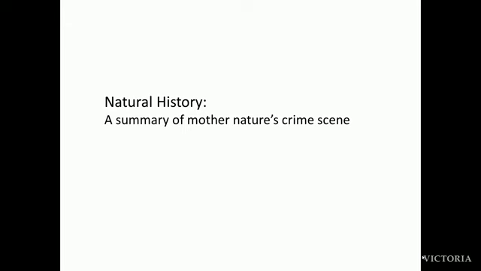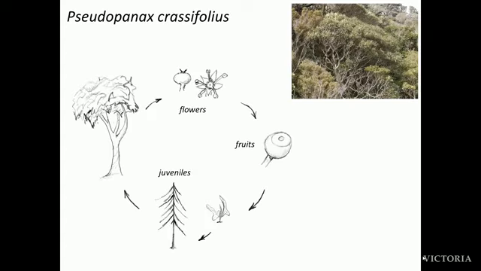What you're left with after hundreds of thousands of years of evolution and ecological interaction is the consequence, and trying to figure out what processes may have driven those patterns that you see in New Zealand trees is your job as a natural historian. So it's not all that much different than a crime scene investigator.